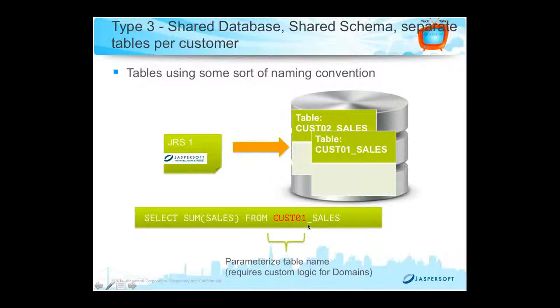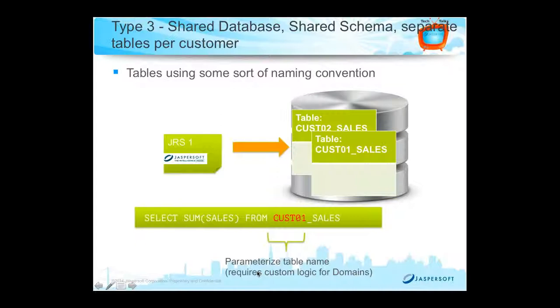And you're parameterizing somewhere, like in the from, when you're doing a SQL query. And this works with reports made in Jaspersoft Studio. You're going to need some custom logic when you're working with domains if you're using this multi-tenancy type.